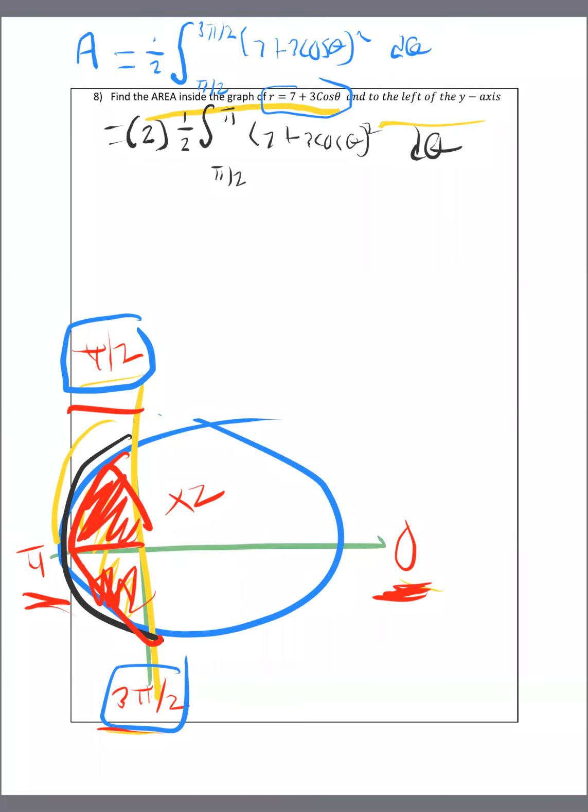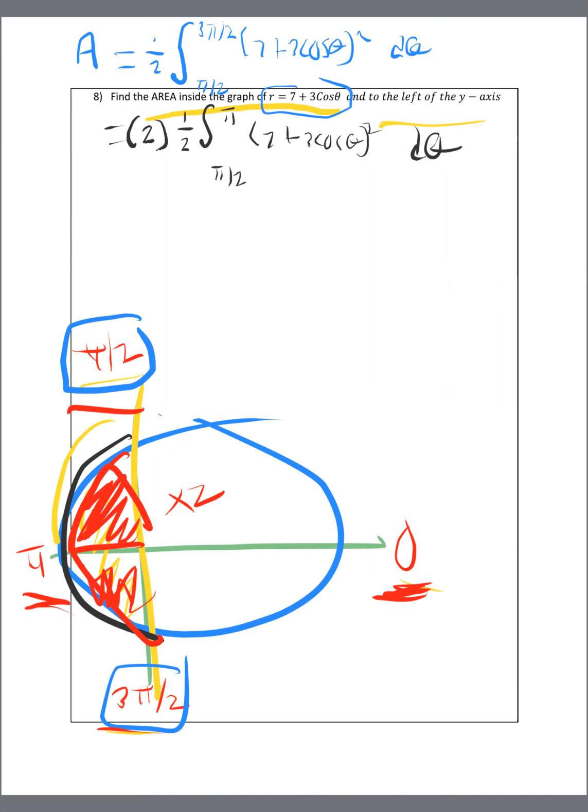Yeah. I have questions though. My first question is, when we draw the graph, are 0, pi over 2, pi and 3 pi over 2 always going to be the numbers that we put on those ends? No, because that's why the area problems are the hardest.